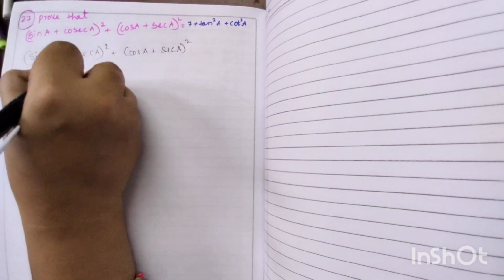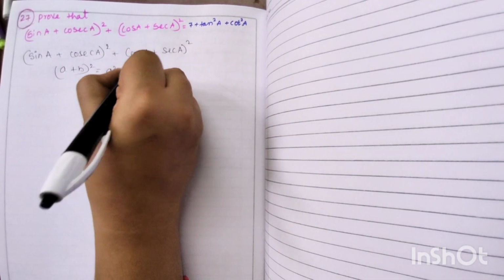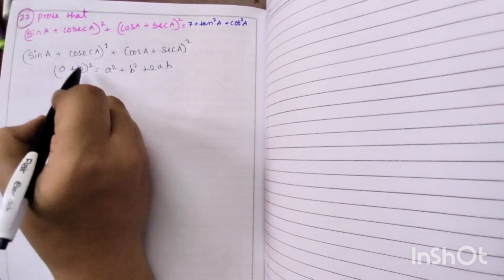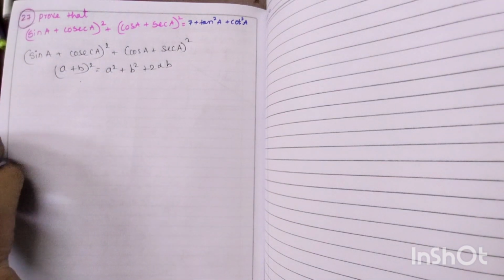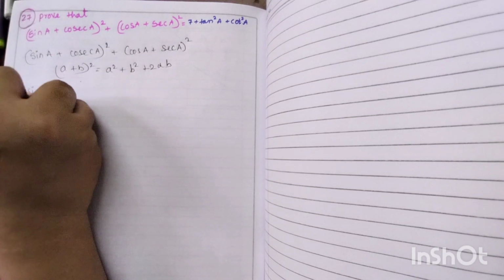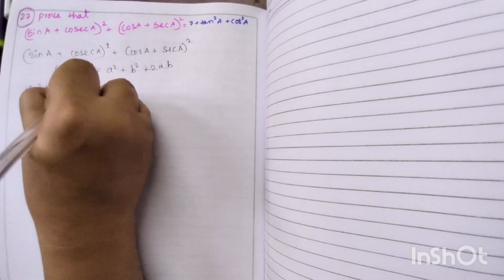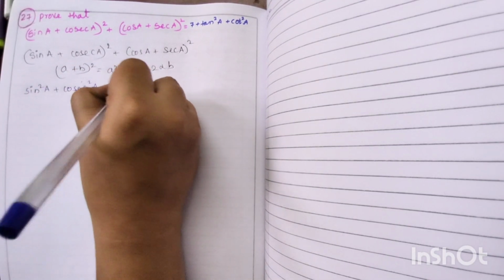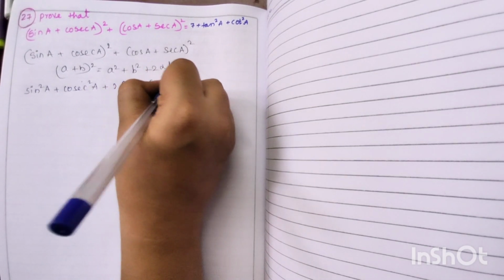As we know, a plus b the whole square, a square plus b square plus 2ab, correct? So substitute in each case. So if we substitute, what would we get? We would get sine square a plus cosecant square a plus 2 into sine a into cosecant a.